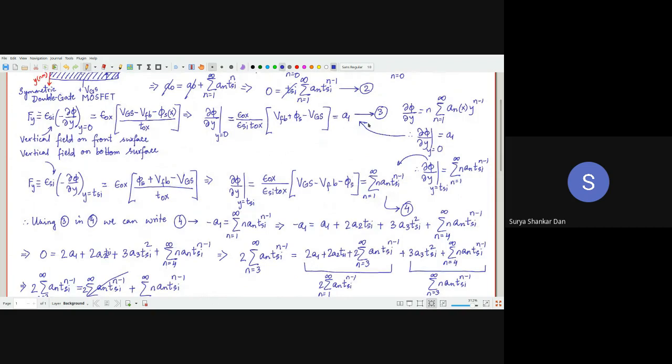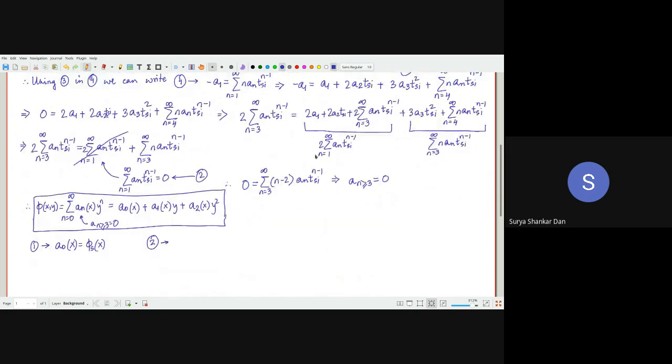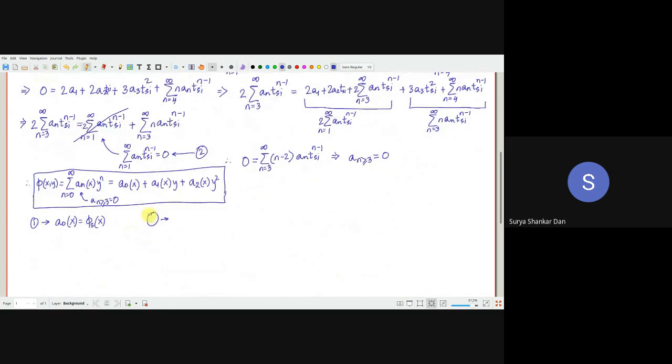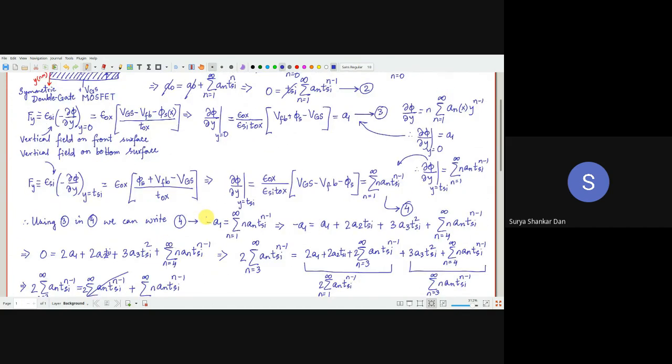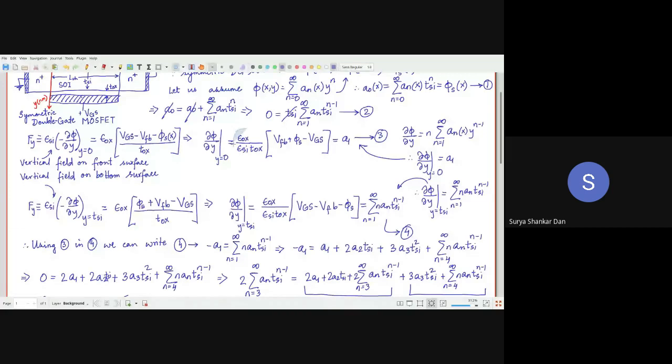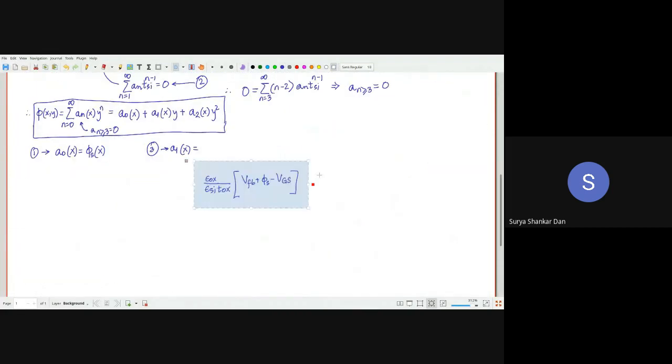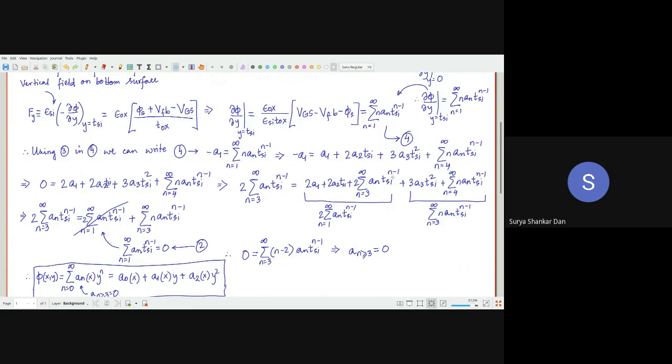Equation 3. Okay. A1 is given by this. Now we have to find out this value of A2. We have not figured out A2 as of yet.